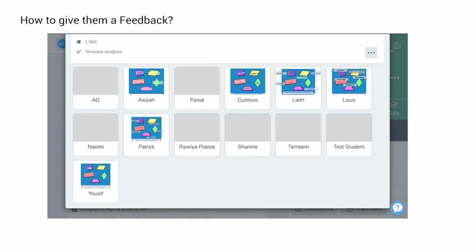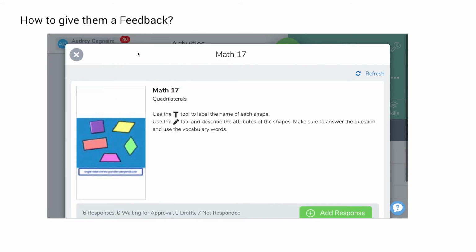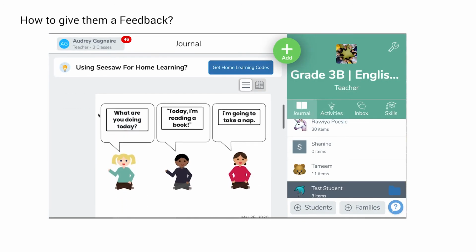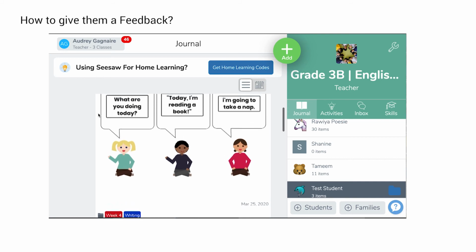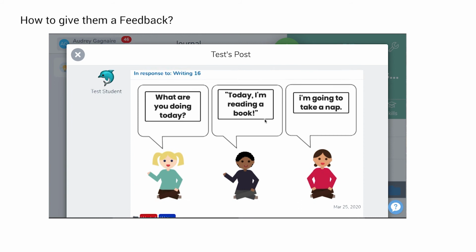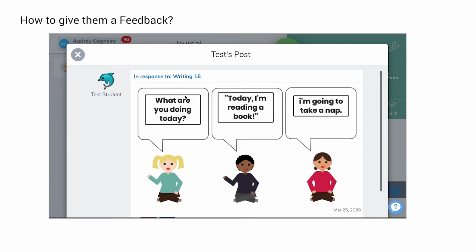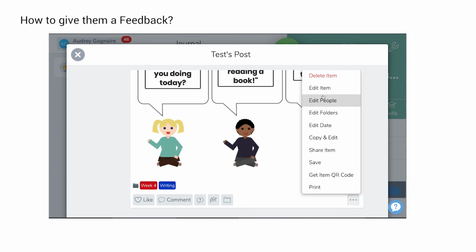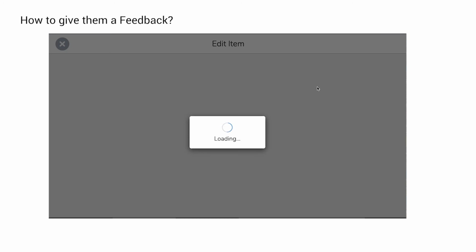Another thing I want to mention is, let me close this. So here I have my test student who did an activity on punctuation and dialogue. I'm going to click on it. And I see that person missing a few things. So I'm going to click on the 3 little dots, click Edit Item.